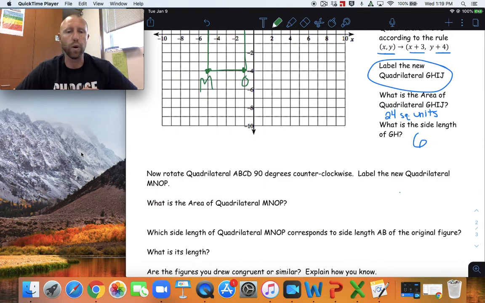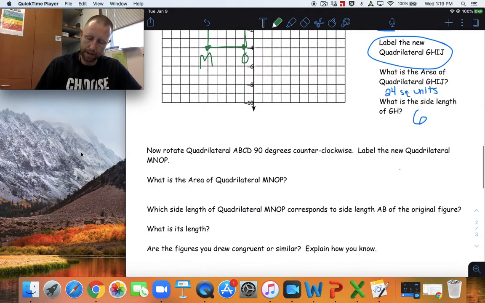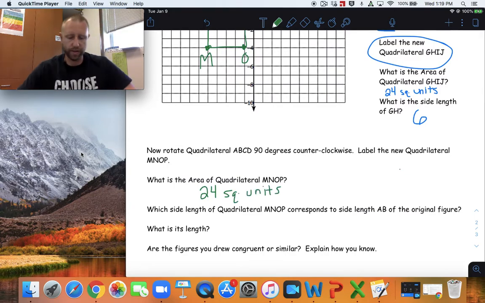All right, what is the area of quadrilateral MNOP? Remember, rotation, that follows under that same rule where the area is not going to change, right? So that's going to be the same. It's still 24 square units. What's the side length of quadrilateral MNOP? Which side length of quadrilateral MNOP corresponds to the side length of AB on the original figure?